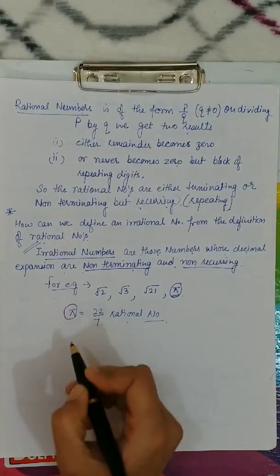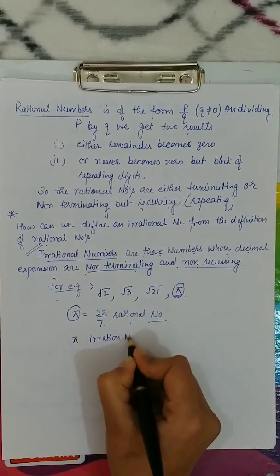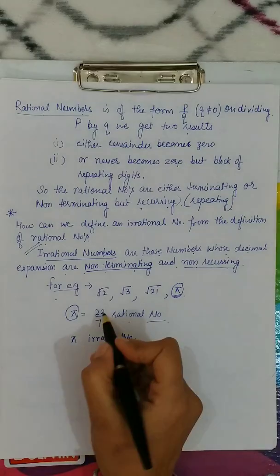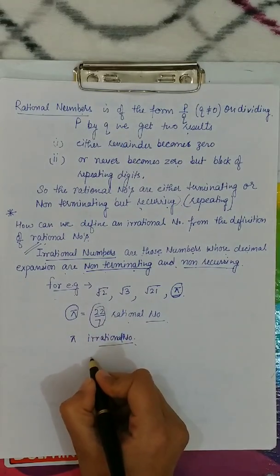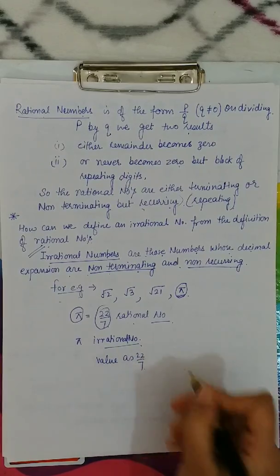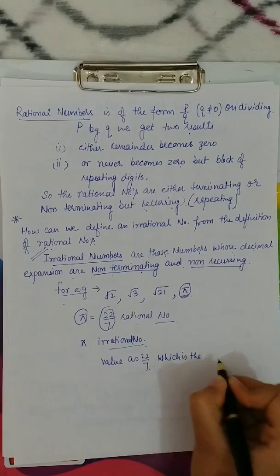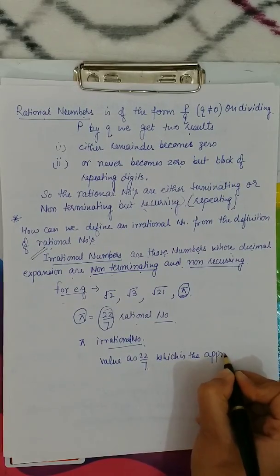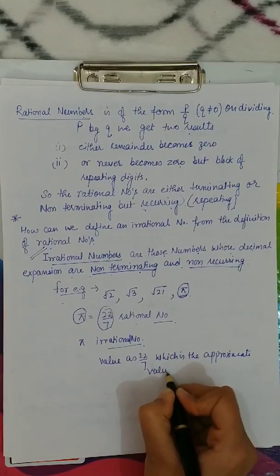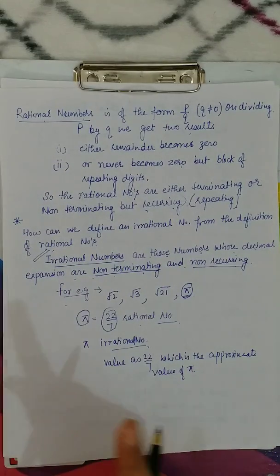See, pi is an irrational number, but we take the value of pi as 22 by 7, which is the approximate value of pi, and that value is a rational value.